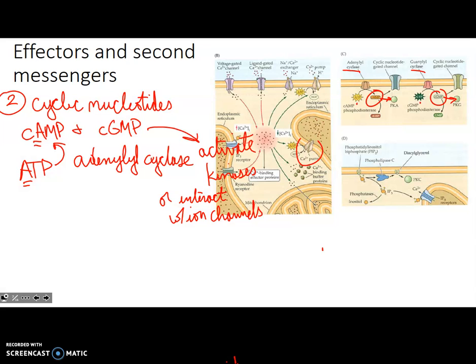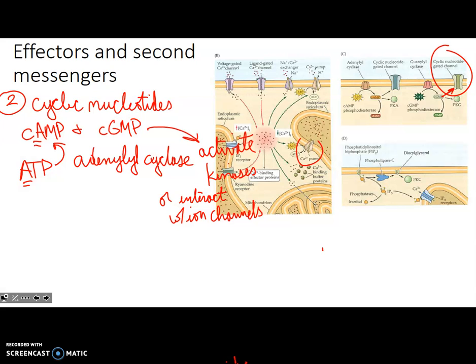And so you see that this channel is cyclic nucleotide gated, right? So let's look at the one that's gated by cyclic GMP. This won't pass any ions unless cGMP is associated with it, right? And so once cGMP binds it, now it's permeable. This is a tremendously important pathway in phototransduction.